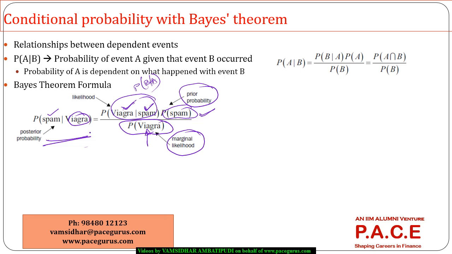So this kind of classification is what we call the Bayes theorem. So the Bayes theorem formula goes more this way. So the mathematical part of it is this.